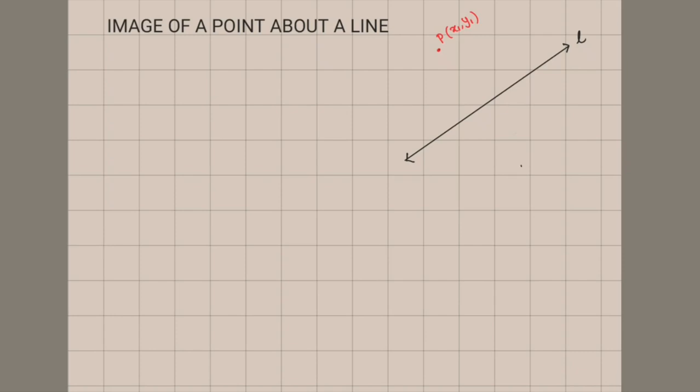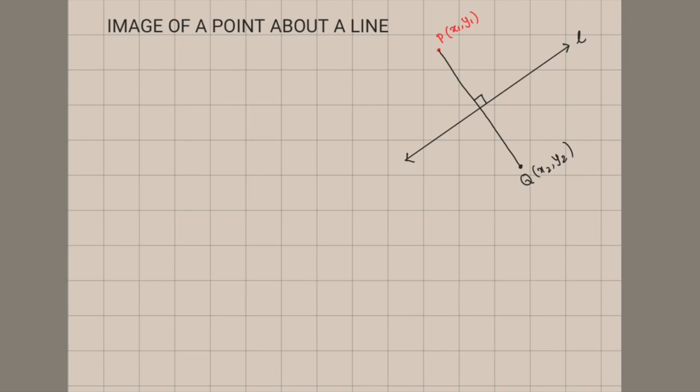Let's take some point Q which is x2 comma y2. Let's say this is the image of point P, or image of object P, with respect to the mirror, which is line L. As Q is the image of P, if you draw a line PQ, this line PQ should be perpendicular to line L. This is the basic thing of image and object with respect to the line L, which you have learned in the earlier classes.